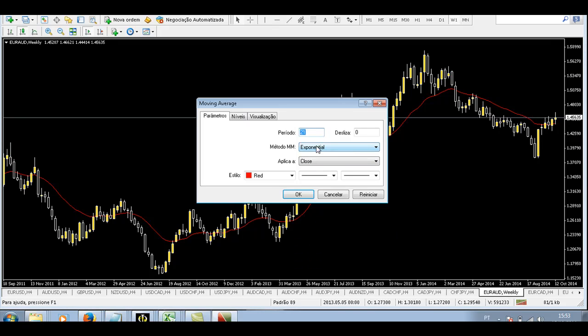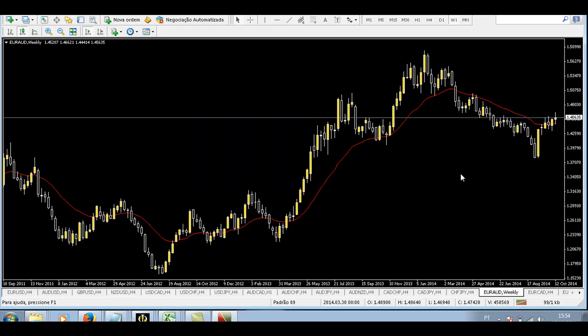It's exponential, the method of the moving average we're using here, and we apply it to the close of the candlesticks. For each candlestick of the graphic period we're using the close moving average of 21 periods.